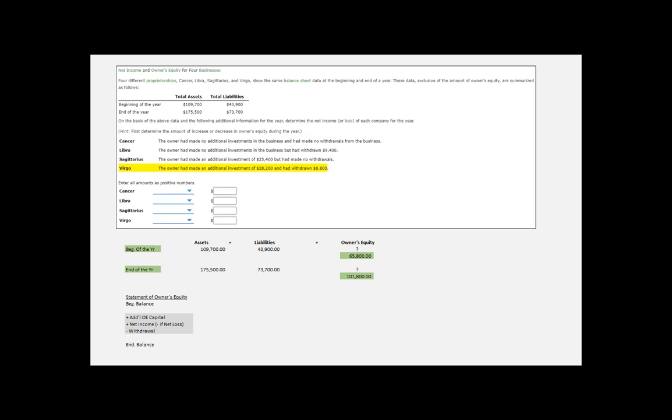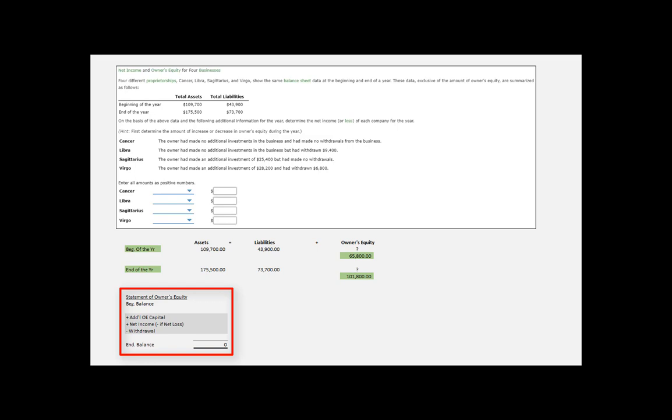To find out, we must understand and apply the statement of owner's equity. The statement of owner's equity calculates the owner's equity balance. There are several components. It begins with the beginning balance, and the beginning balance comes from the prior period's balance carried over to be the beginning balance for this period. Beginning balance would be 0 if this is the first period that the business started.